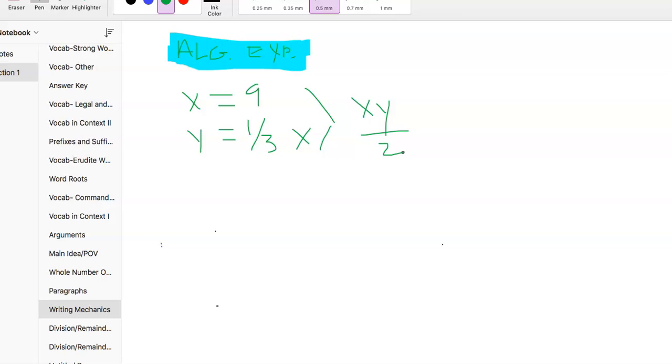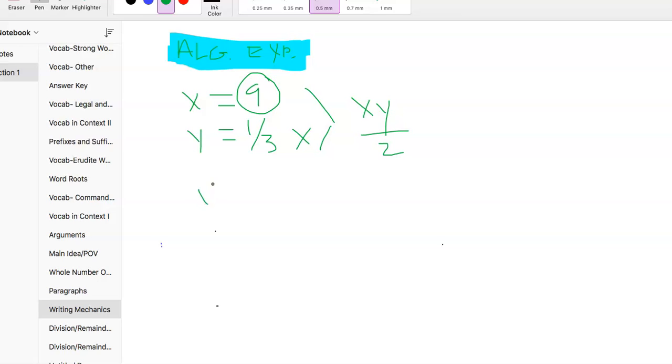If we want to find the value of y, x isn't too bad. X equals 9. We could have handled that if they had just given us a regular number for y. But if you sit and think about it, we know that x is 9 from right here. So let's plug in that 9.